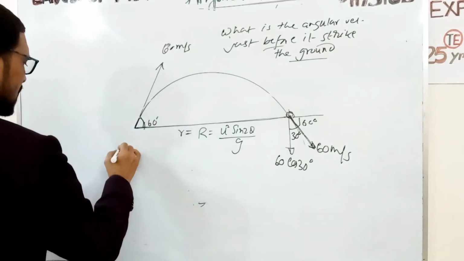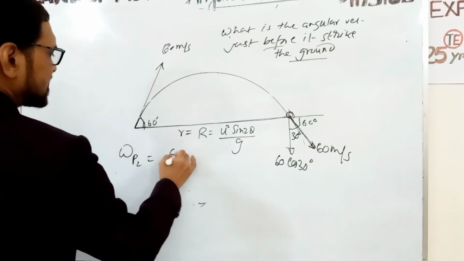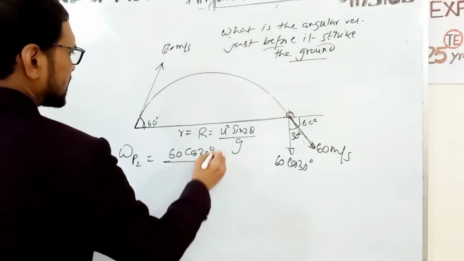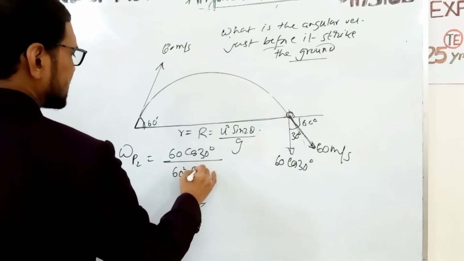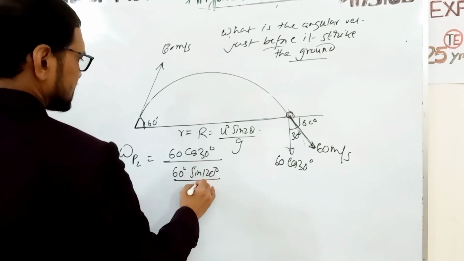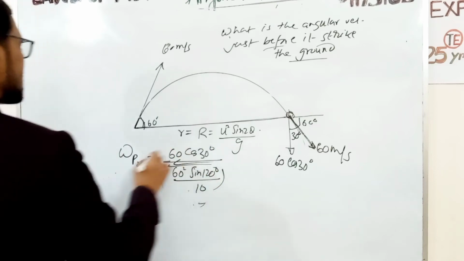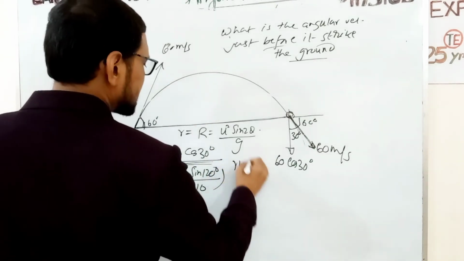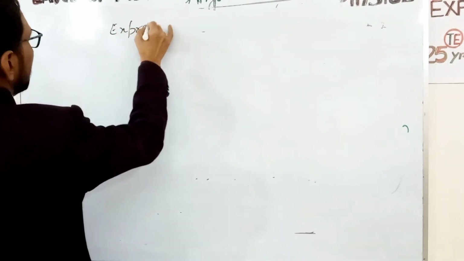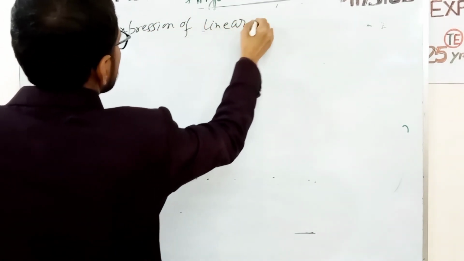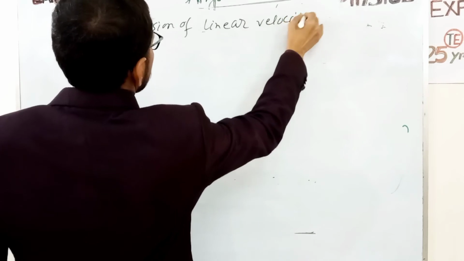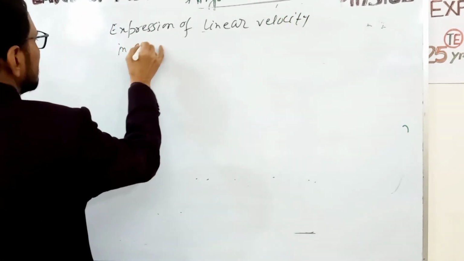So the answer, angular velocity at point P2 will be 60 cos 30 degree divided by r, which is equal to this, u square means 60 square sin 120 by g, 10. So calculate this. This is the angular velocity. Unit is radian per second, of linear velocity in circular motion.